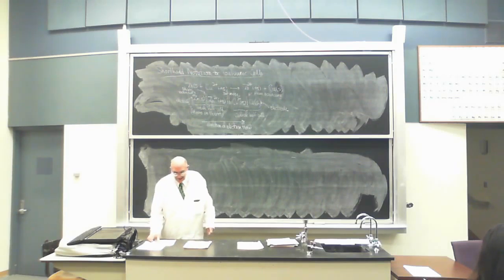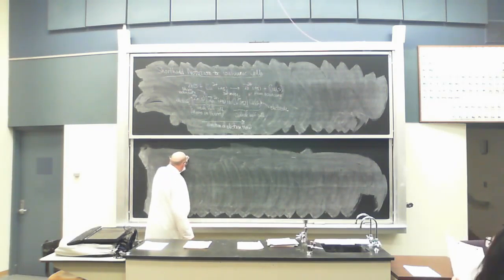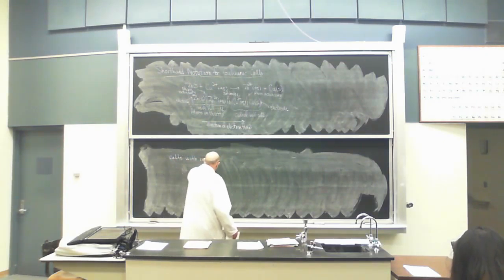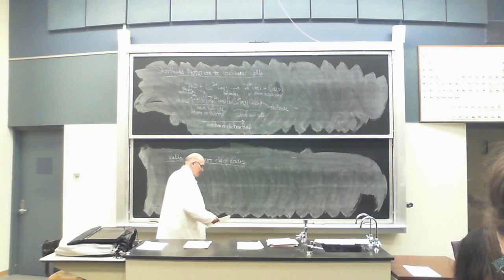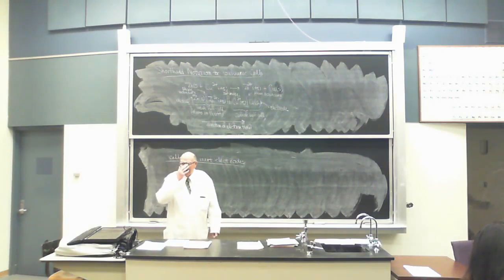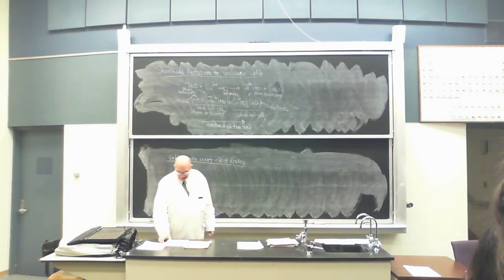Now let's look at cells with inert electrodes, and write a shorthand diagram for such a system.